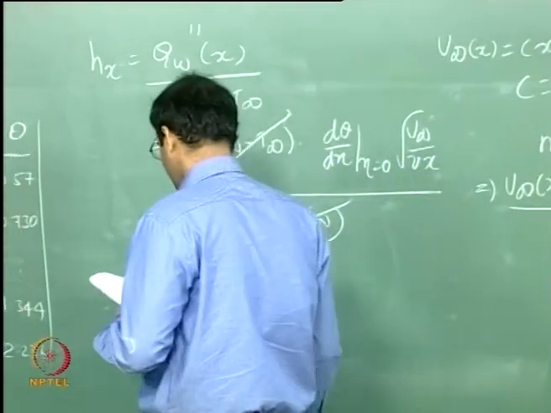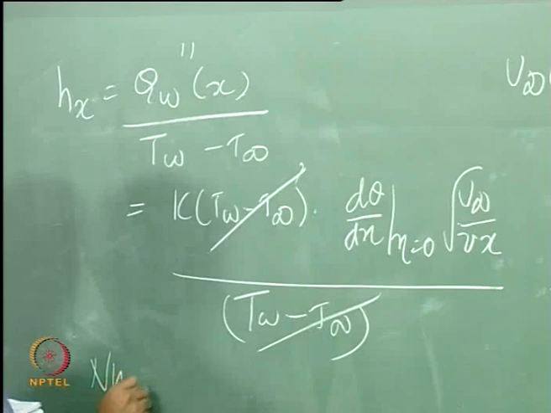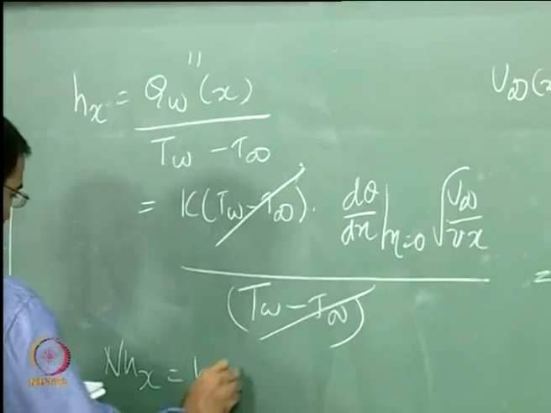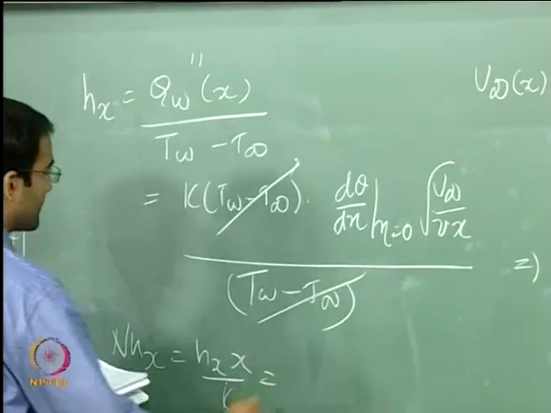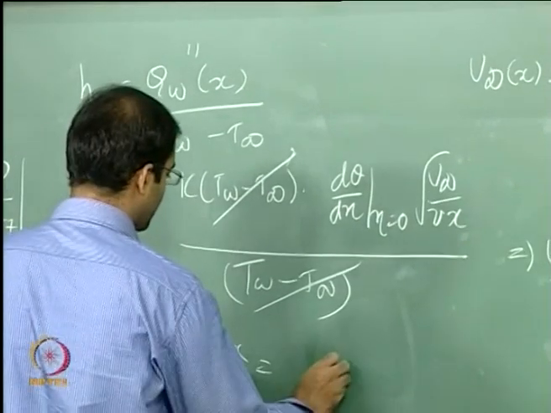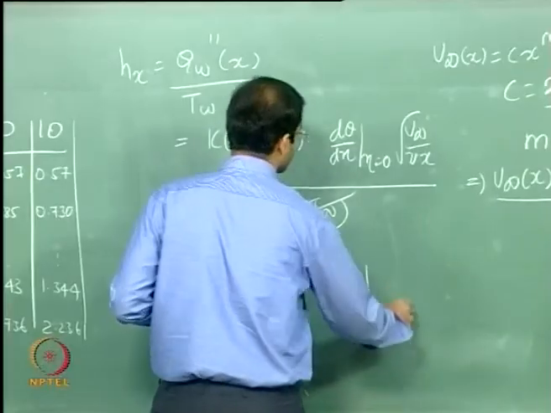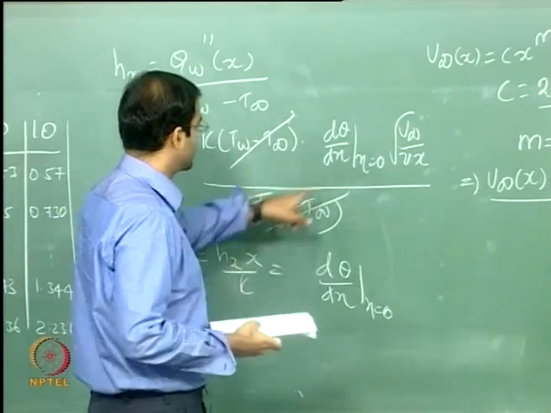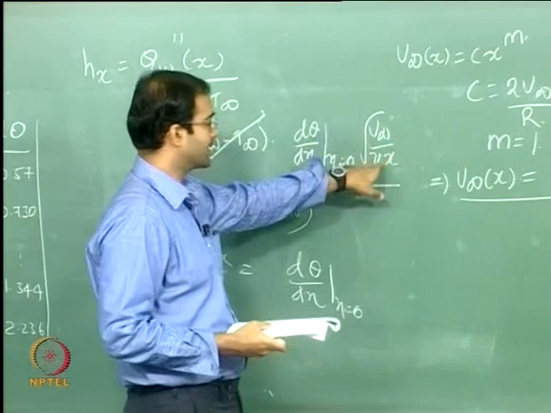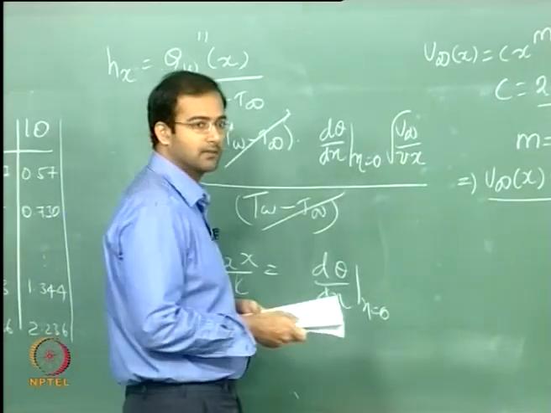Finally, if you define your local Nusselt number as hx by k, that will result in d theta by d eta at eta equal to 0 into square root of u infinity x by nu.